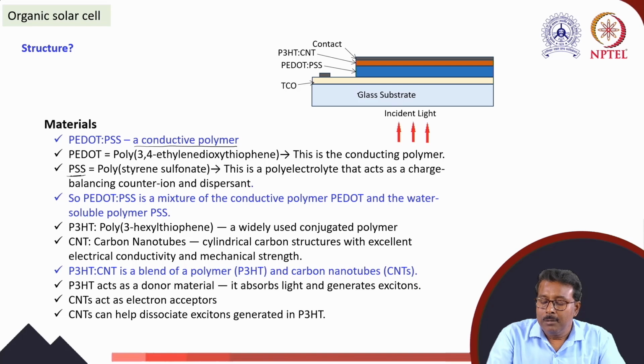You start with a glass substrate, because these layers are all very thin, to give mechanical stability. Then a transparent conducting oxide layer is deposited. On top of that are PEDOT:PSS and P3HT-CNT. P3HT-CNT is a blend of the famous polymer P3HT and carbon nanotubes.